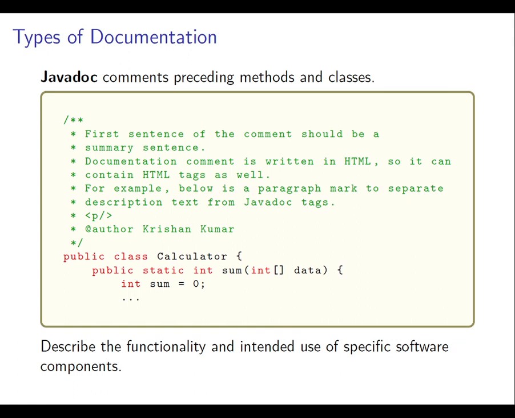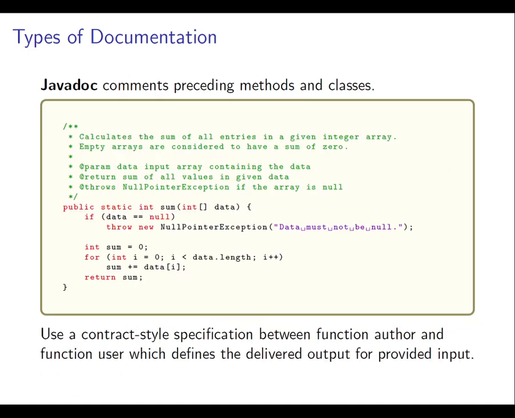And again, you can look up the details of exactly what is available in Javadoc, and you probably will want to do this when you're writing your coursework. Other things that are useful to know, here's an example of a Javadoc section coming before a method.